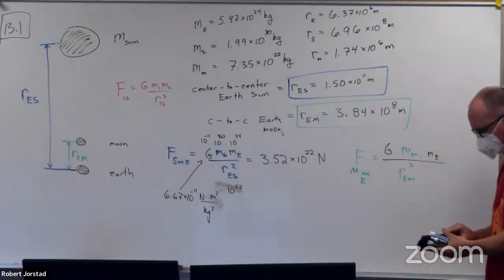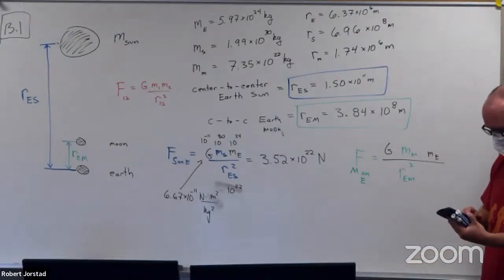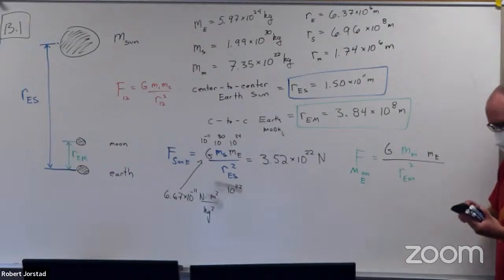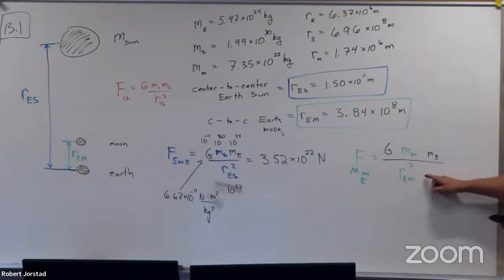Punch it in. Make sure you get it right. 7.35, mass of the Earth. Radius Earth-Moon is this one, 3.84 EE 8.